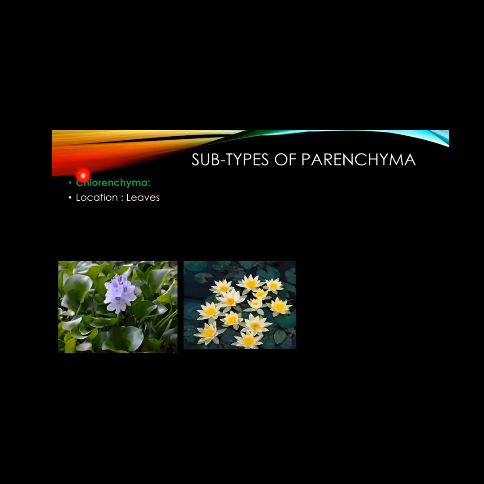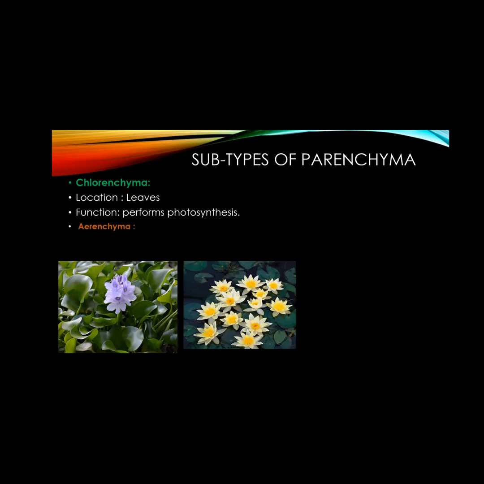So, Chlorenchyma is the parenchyma with chlorophyll. It is present in the leaves. Chlorophyll is an important pigment required for photosynthesis. As leaves perform photosynthesis, that is the function of Chlorenchyma.